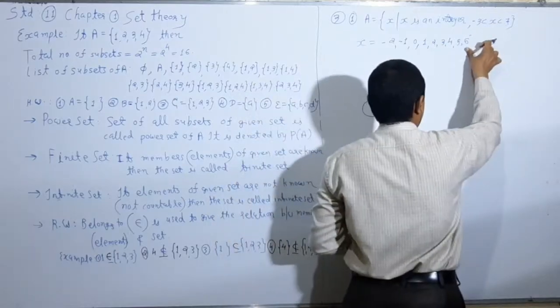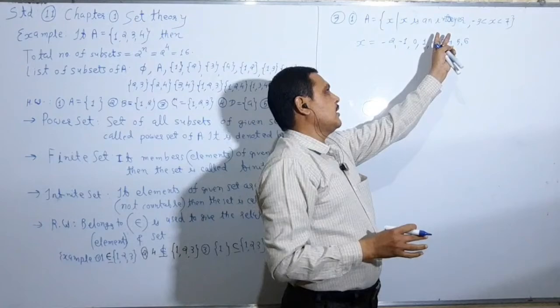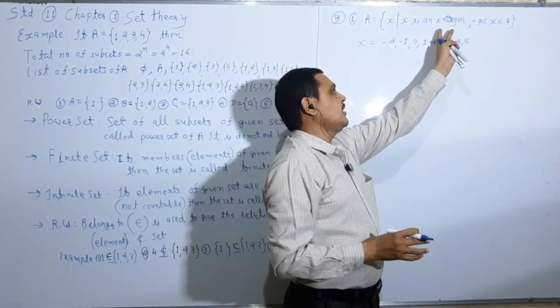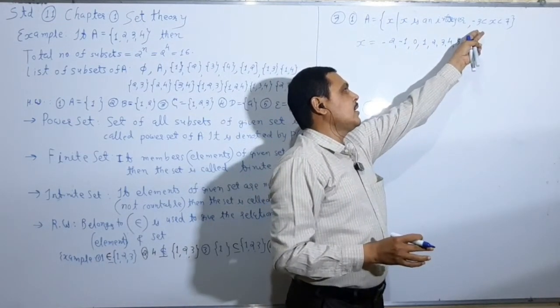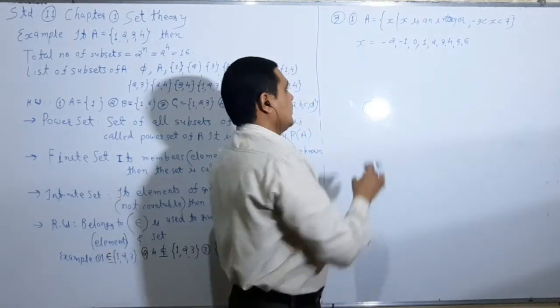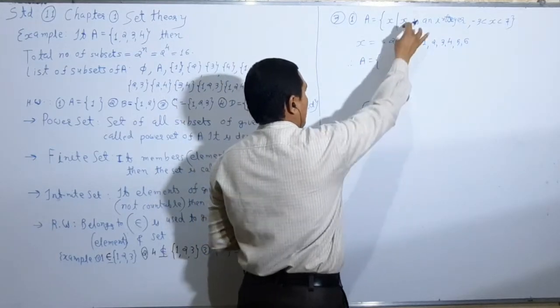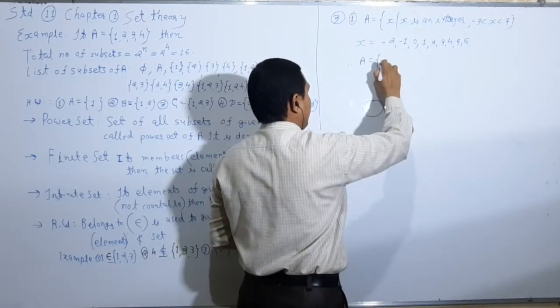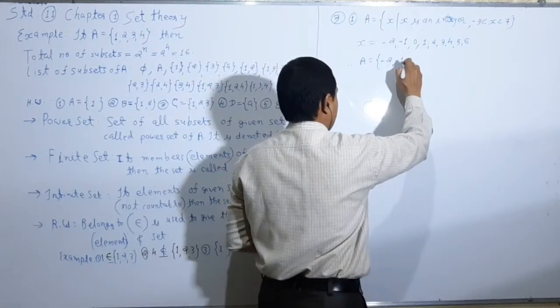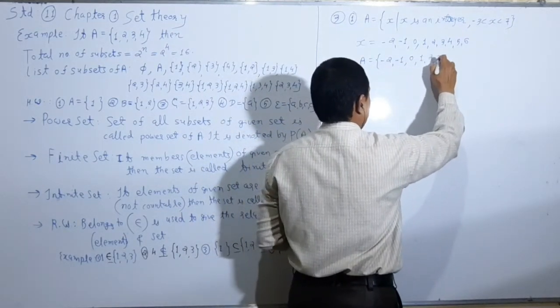These values satisfy the conditions given behind the oblique in the given set. So the listing form of this property form is curly bracket -2, -1, 0, 1, 2, 3, 4, 5, 6.